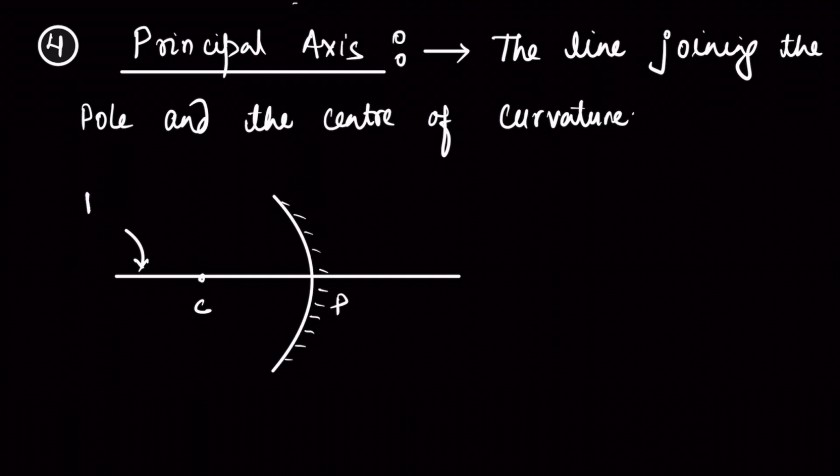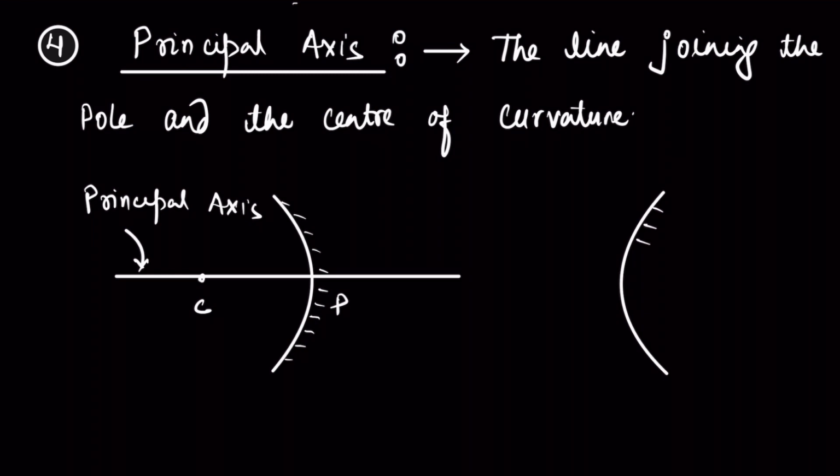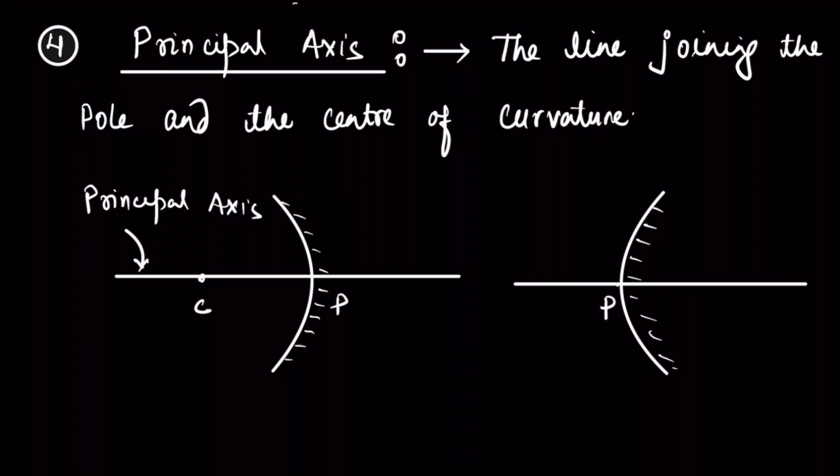This is called as principal axis. Similarly, we can represent it in the convex mirror. Here is our pole. This is the center of curvature, and the line that passes through the pole and the center of curvature is our principal axis.